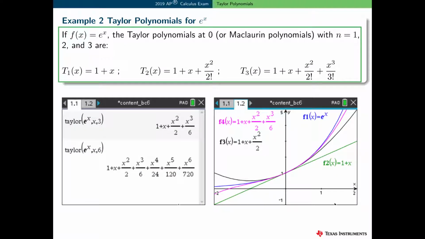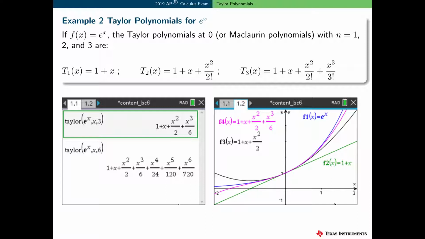Let's take a look at some specific partial sums, or Taylor polynomials. If f of x is equal to e to the x, then the Taylor polynomials for n equal 1, 2, and 3 are shown here. And let's use a little technology also. The TI-Nspire has a built-in function called Taylor that will generate Taylor polynomials.